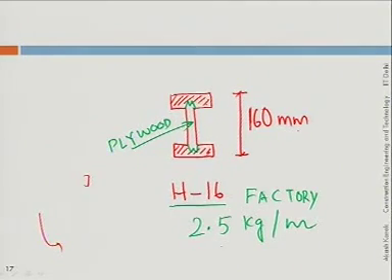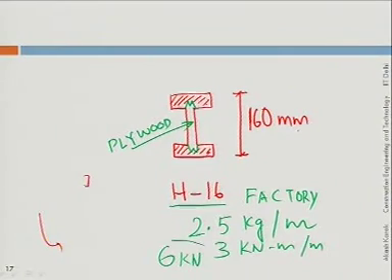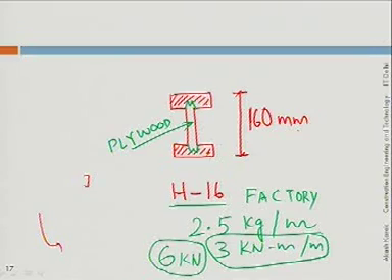It can take a bending moment of 3 kilonewton meter per meter, and shear it can take something of the order of 6 kilonewton. I will give you these properties a little later, but the advantage of this H16 beam, you can see it's like this.